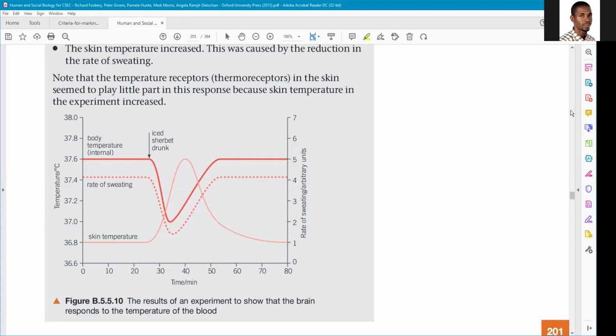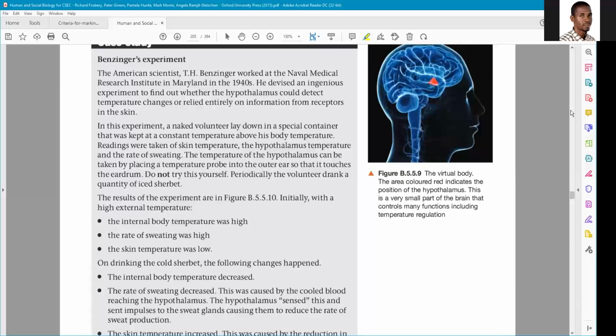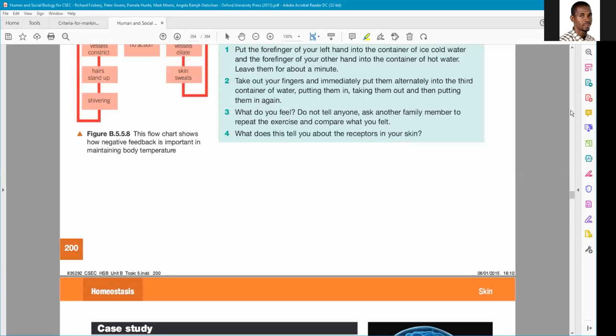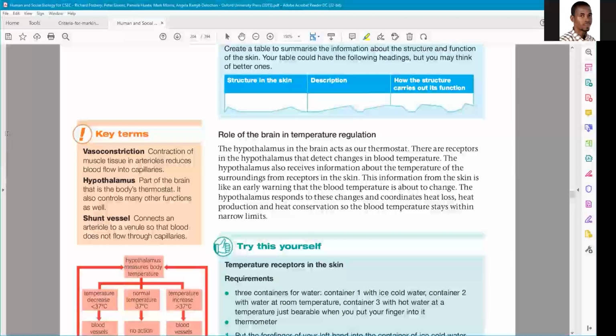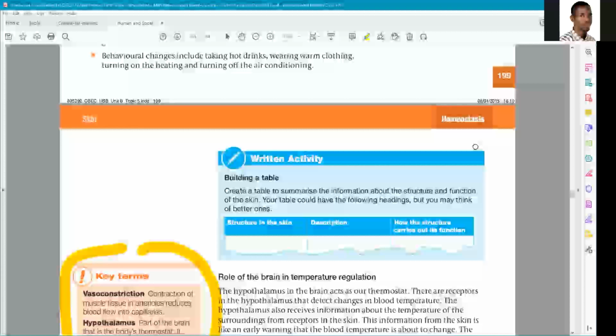Okay, yeah, look here. Like this area. So they would do that from time to time too.